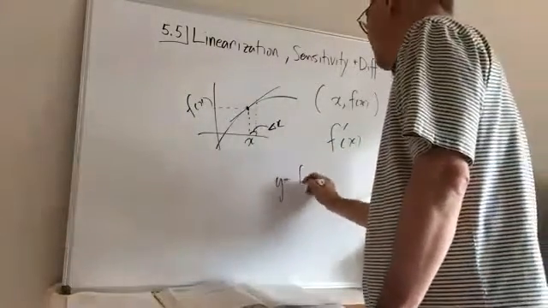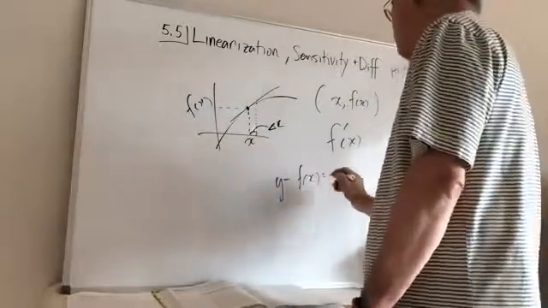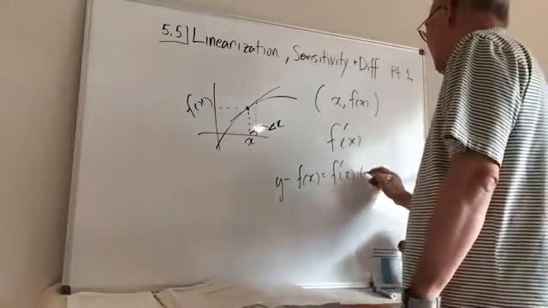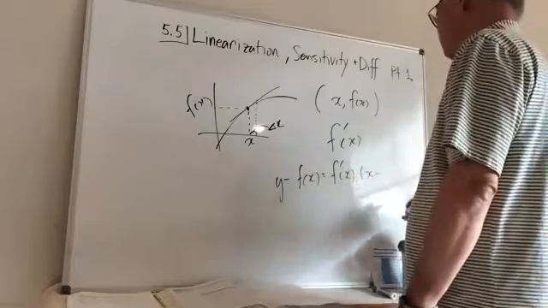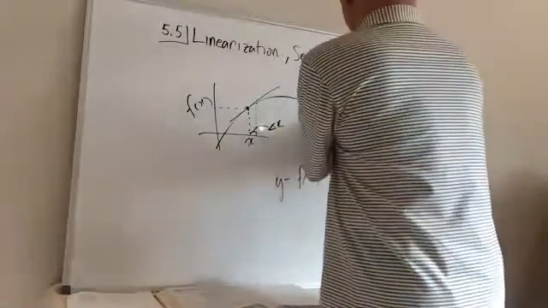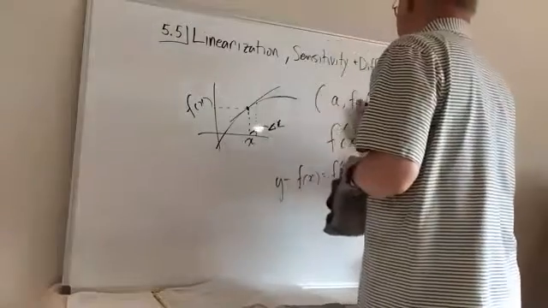y minus f of x is equal to f prime of x times x minus, so let's call this point A instead of using an x.